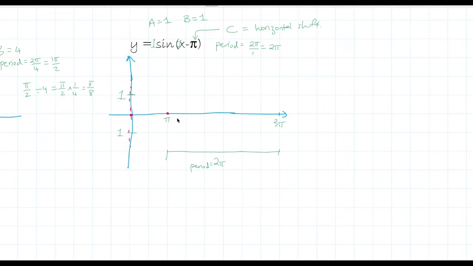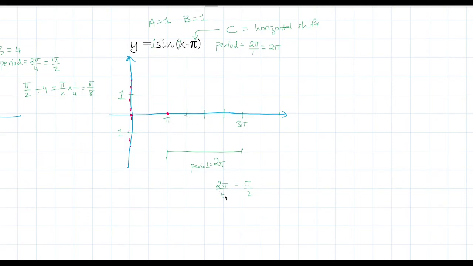So again, let's split 2 pi into 4 parts. So 2 pi over 4 is pi on 2. And if this is pi, let me put 3 pi over here. And then we can split this into 4 parts.